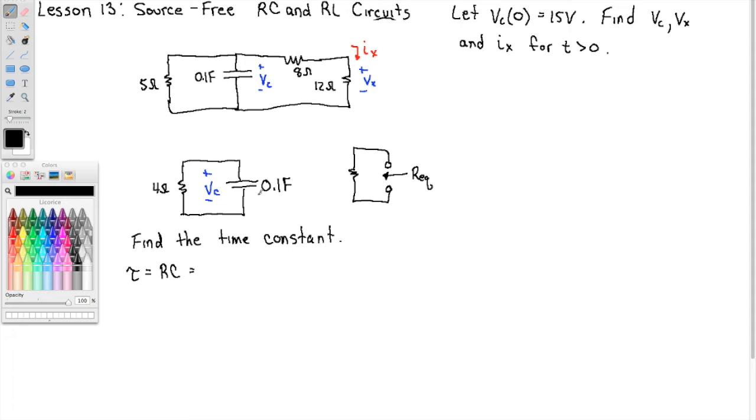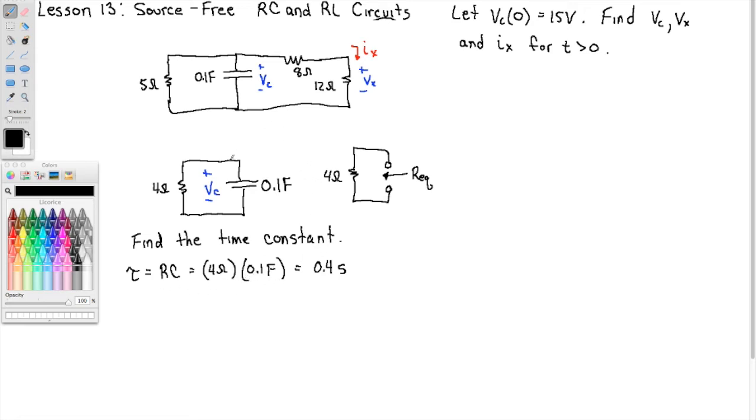Well, since we put it in this form, clearly that's 4 ohms. So our time constant is 4 ohms times 0.1 farads, and that's equal to 0.4, and the units were, of course, seconds. Good.